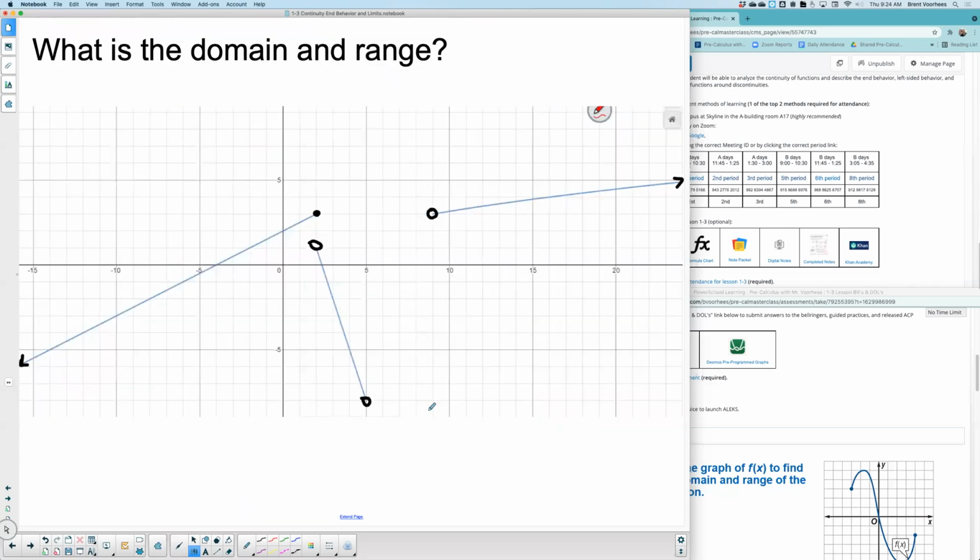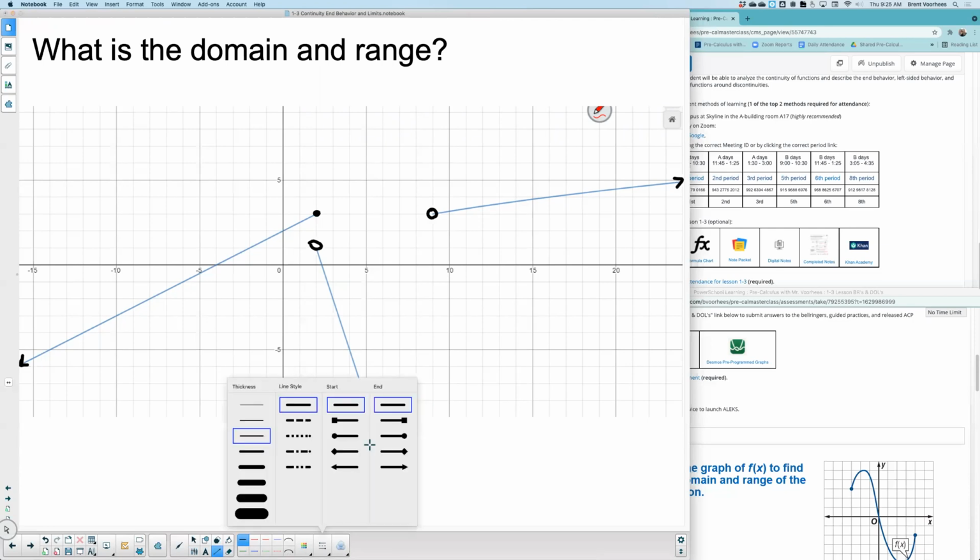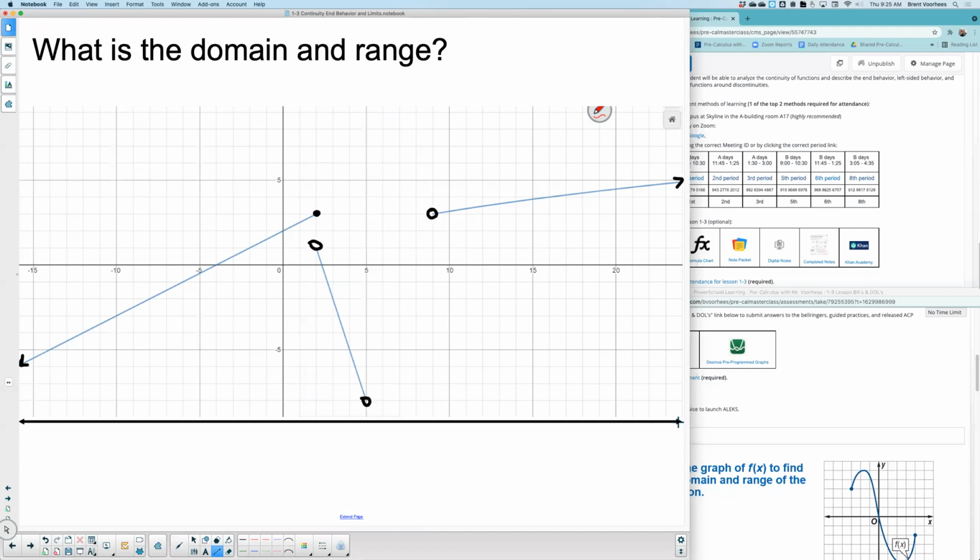All right, and now I'll have this one and then we'll move on. So let me get some axes down here. This will be our domain. And I might just go ahead and write range on this one when we get there. Let's do piece number 1 in red.